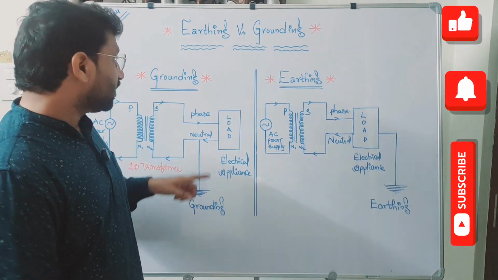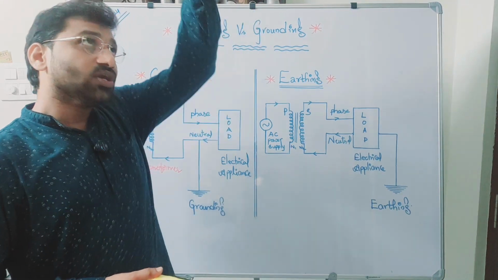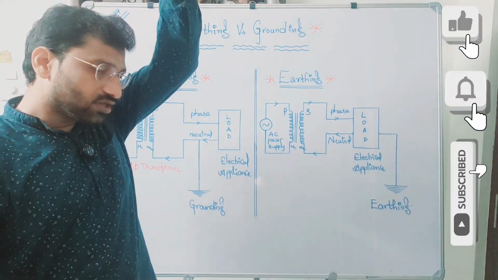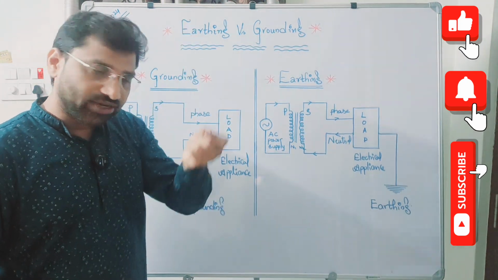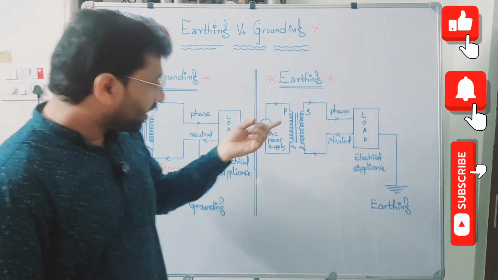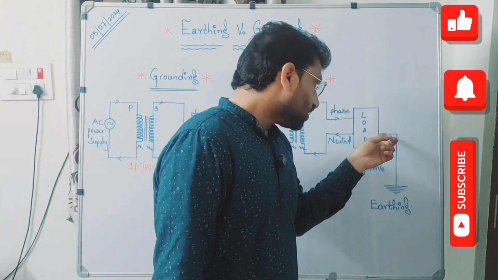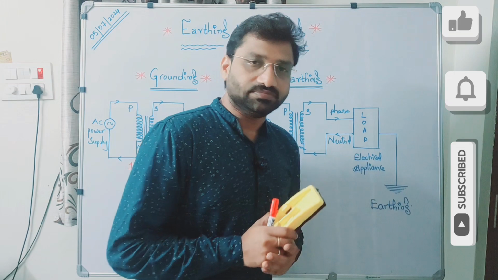That means if you say it is grounding, then a current carrying conductor is connected to the ground or earth. Whereas here, the lead taken from the electrical appliance will not carry current.